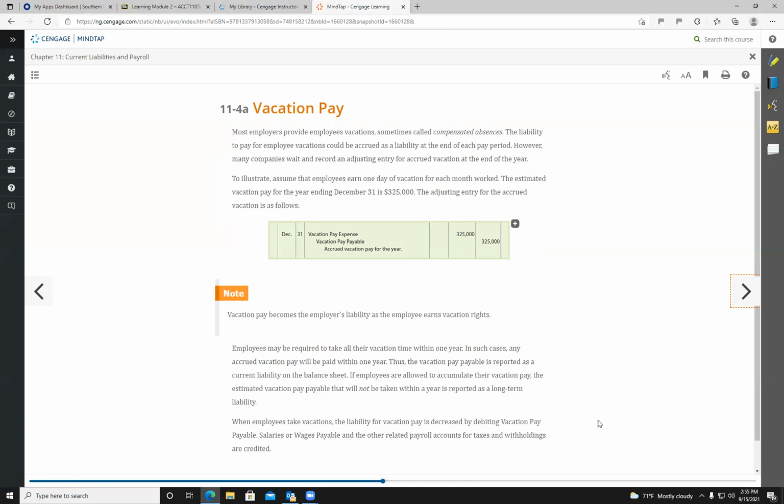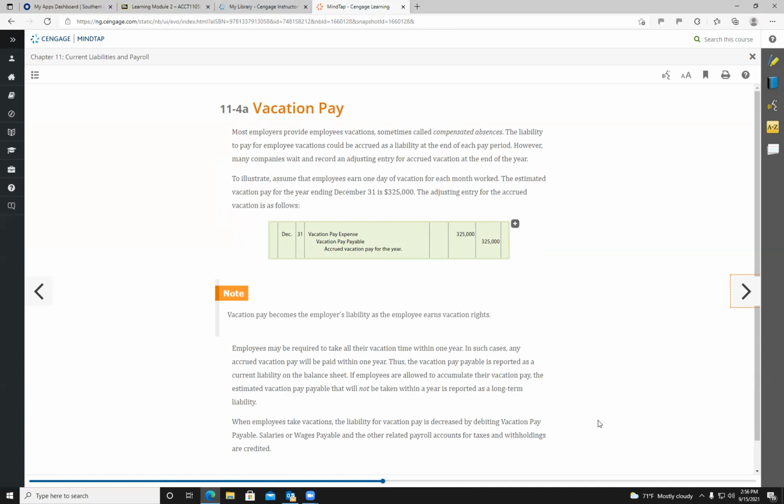So assume that employees earn 1 day of vacation for each month worked. That's not a really good benefit, but okay, we'll use that example. The estimated vacation pay for the year ending in December would be $325,000. In other words, every employee on your payroll is earning 1 day of paid vacation for every month they worked.